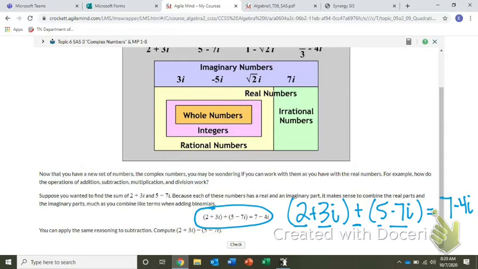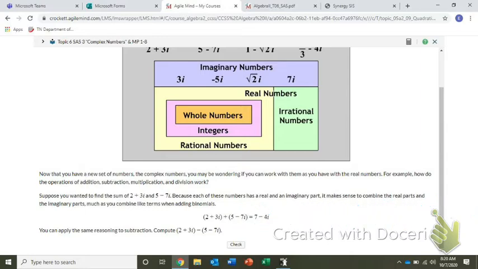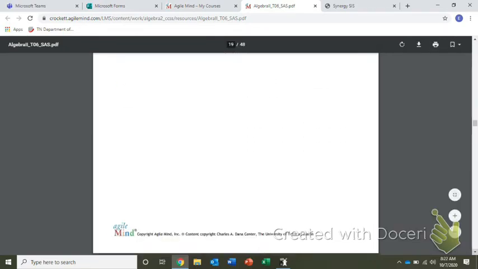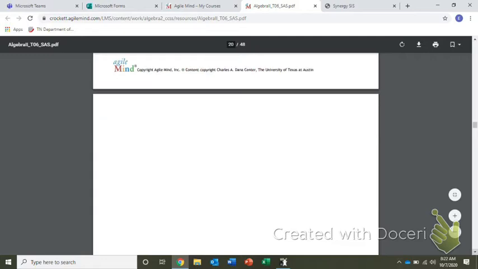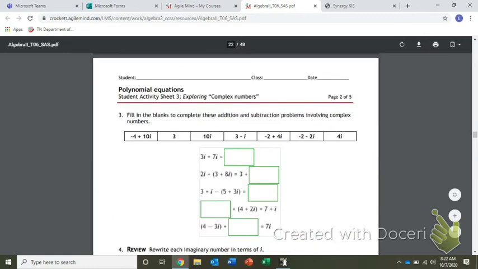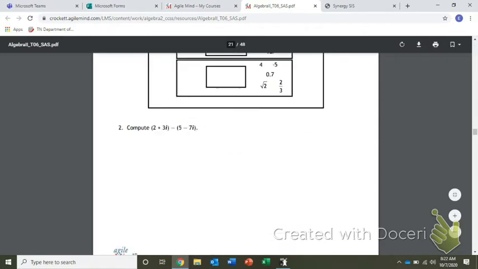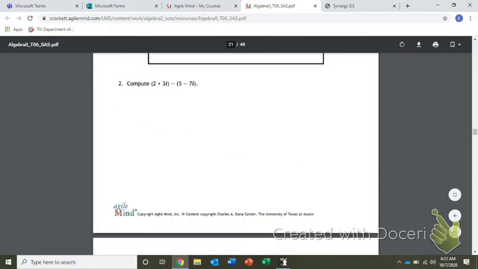Now the one it asked you to do on number 2 is subtracting. So we have 2 plus 3i minus 5 minus 7i.